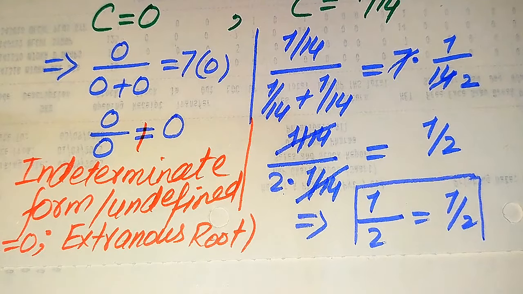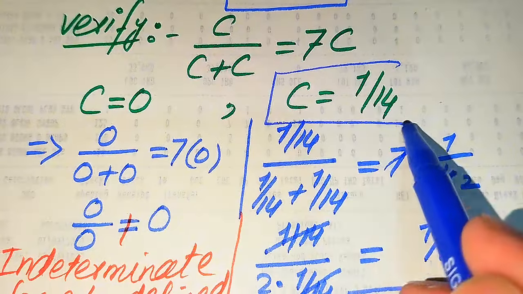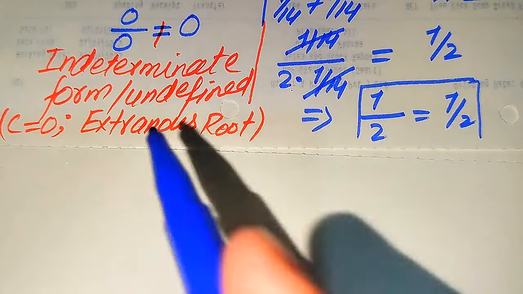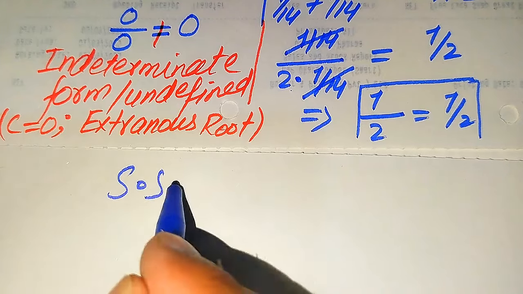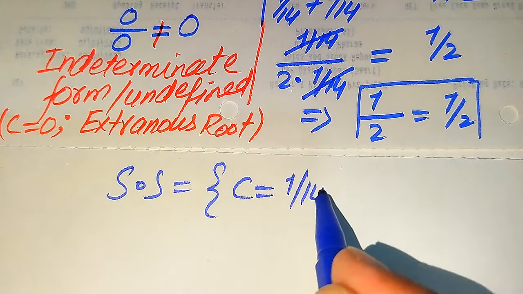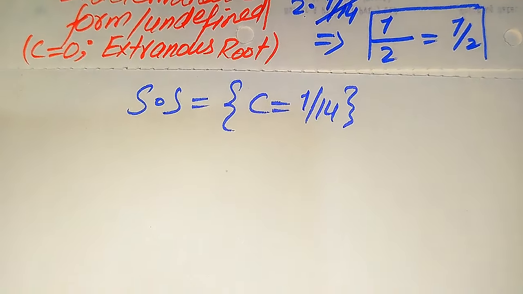So if both of the sides are equal, this means that c = 1/14 is the solution set of the given equation. So this is the final answer which we get here from the first method.